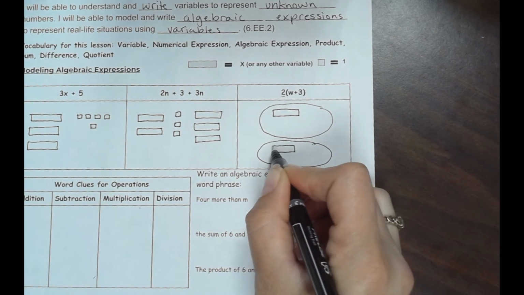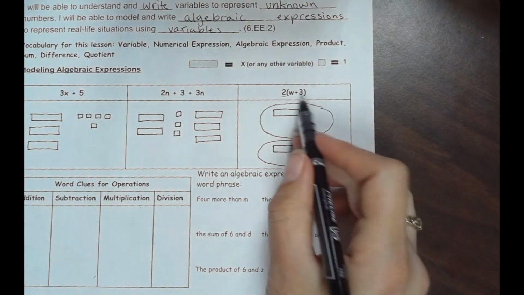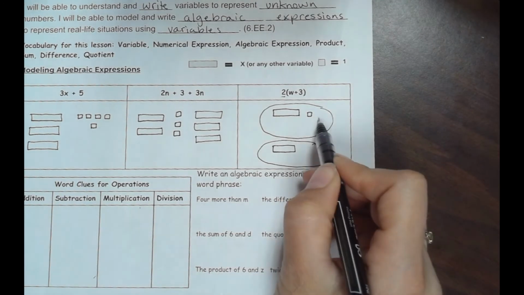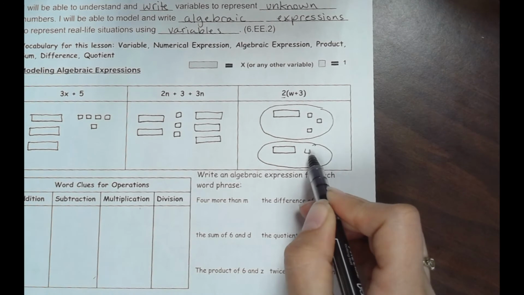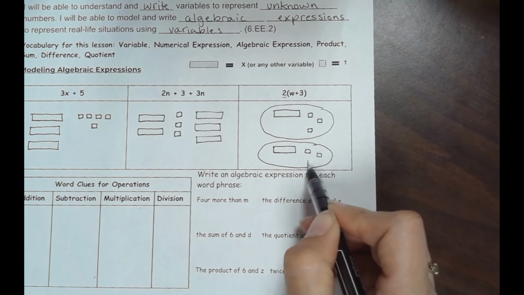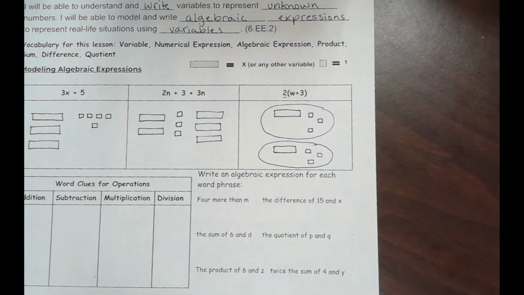There's 1 in this group and 1 in this group. Plus 3, so 1, 2, 3, 1, 2, and 3. That's all there is to modeling algebraic expressions.